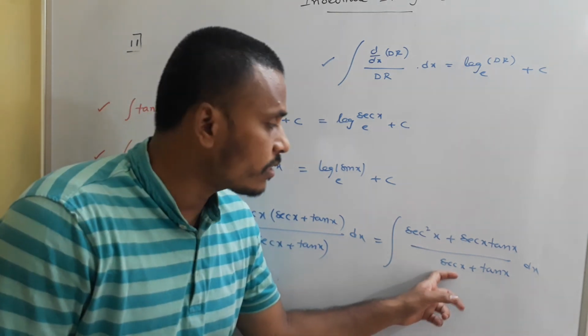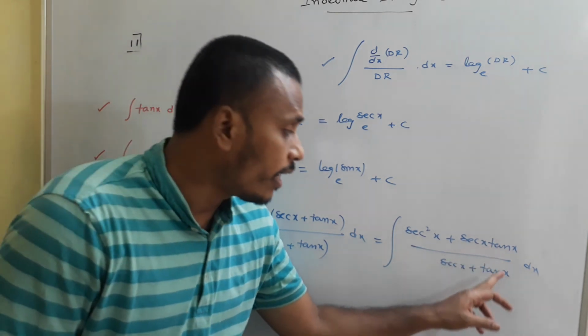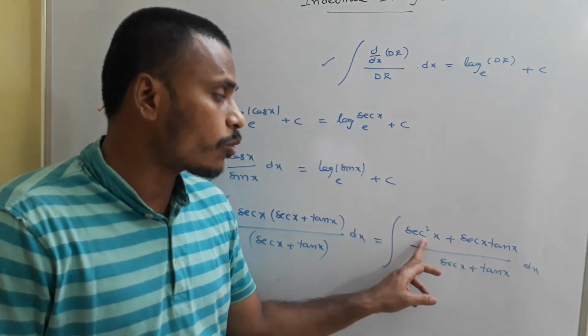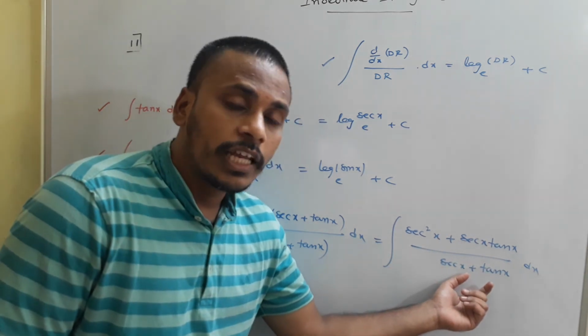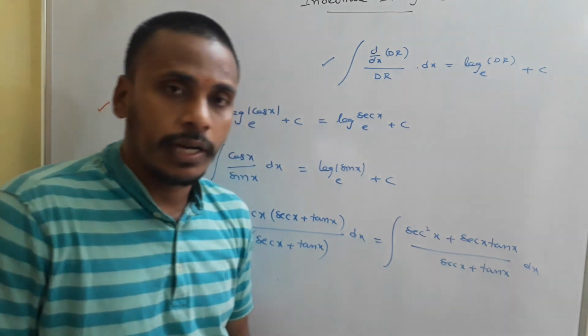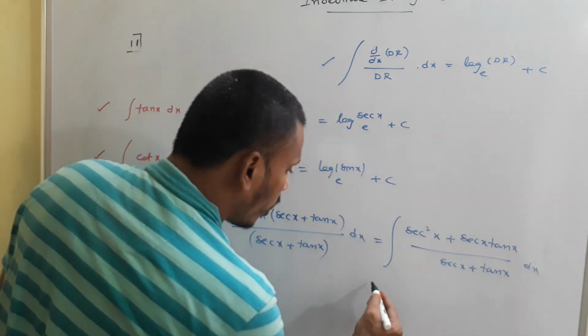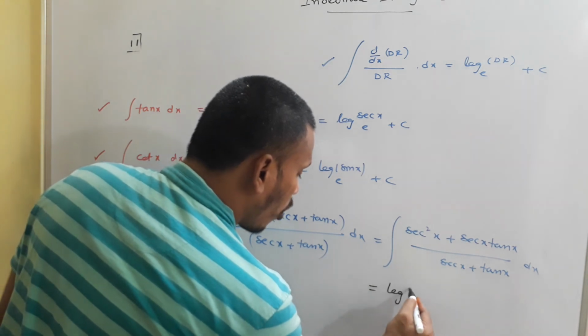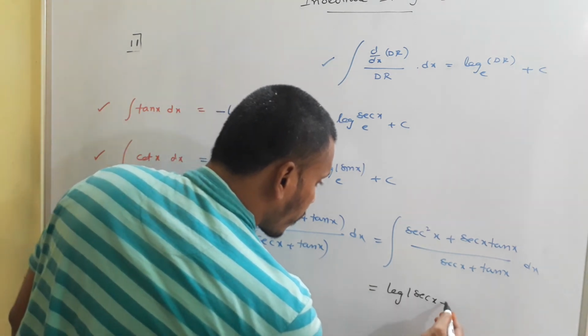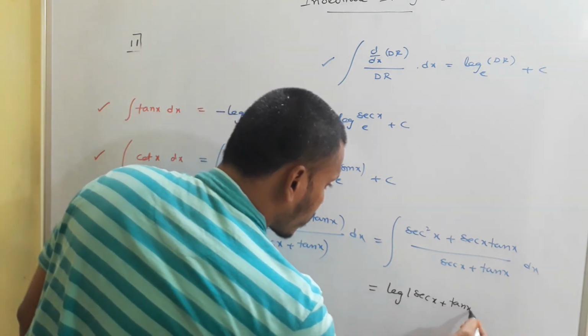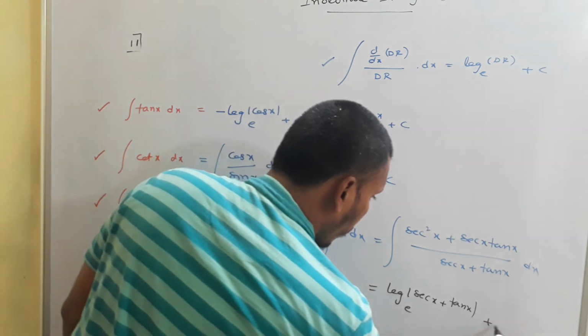The derivative of secant x is secant x tan x, and the derivative of tan x is secant square x. So the derivative of the denominator is in the numerator, and its integral value is the logarithm of secant x plus tan x to the base e plus c.